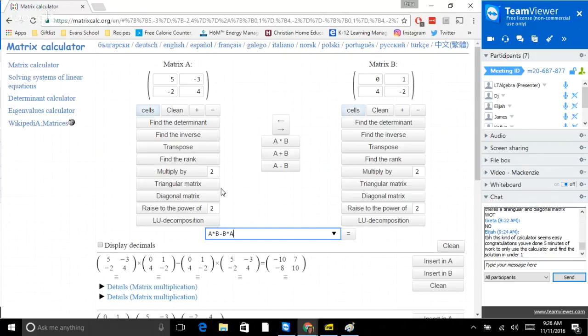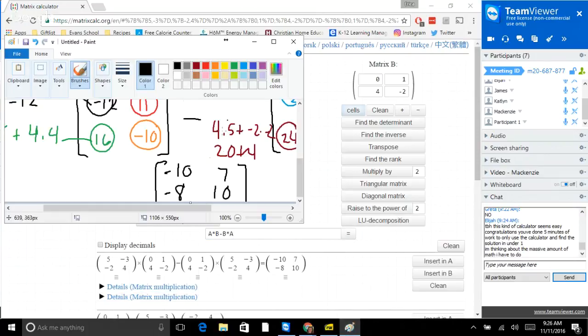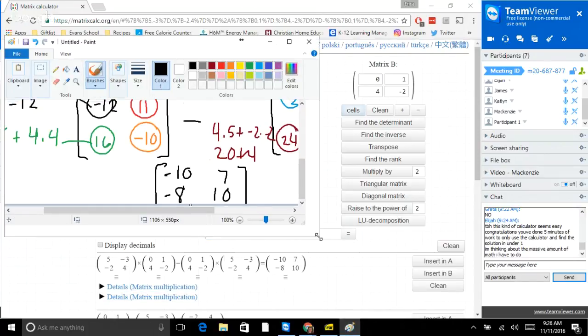Are you all playing with the calculator right now? Okay. I don't want you to think of the massive amount of math you have to do. All right, so let's keep trudging through so that you guys can get out of here by 10.